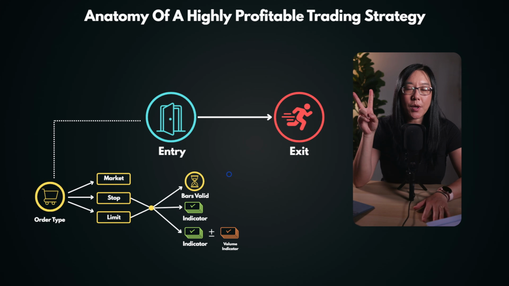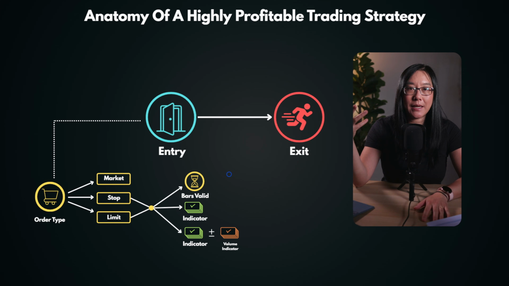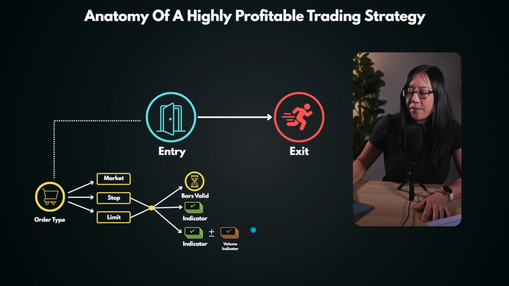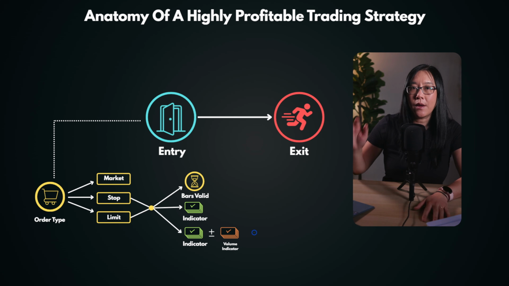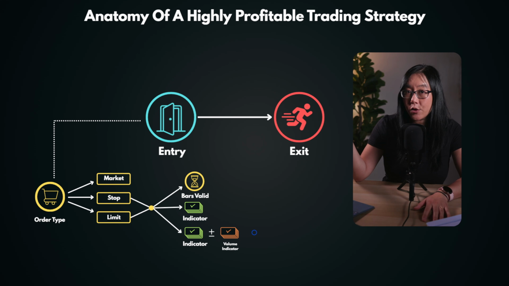The next 2 components of a stop and limit order is where we are going to place the order. So it can be based on a price level, an indicator value, or an indicator value plus another indicator value, which I've labeled here as a volume indicator. I didn't include price level here because it's more for discretionary traders, and I'm an algorithmic trader.